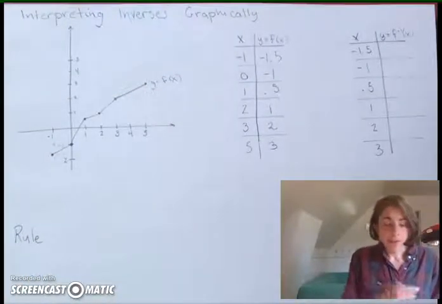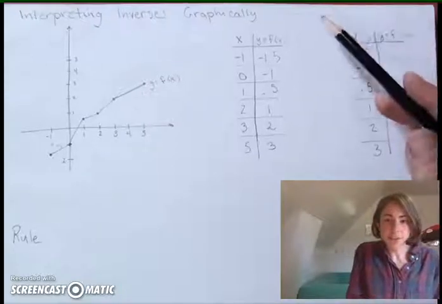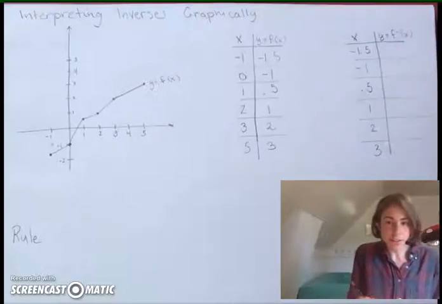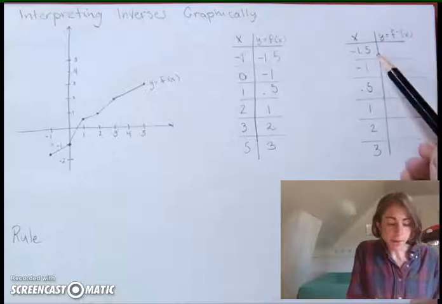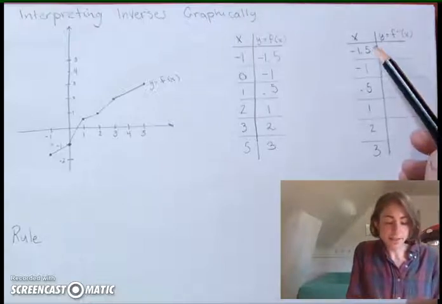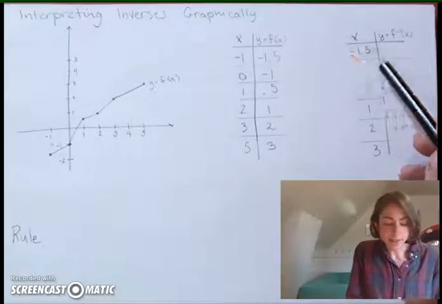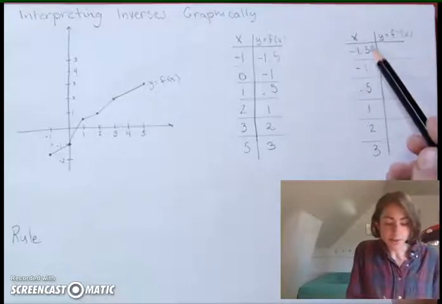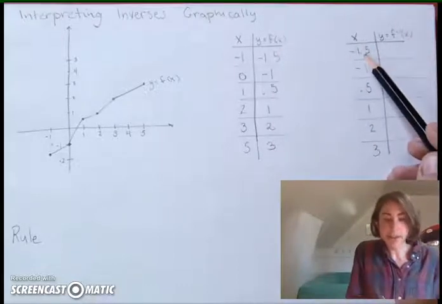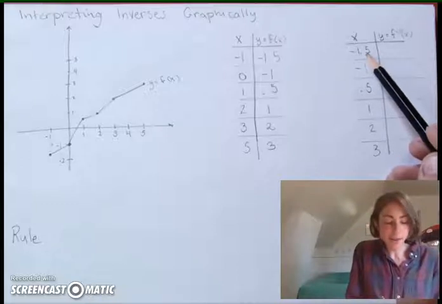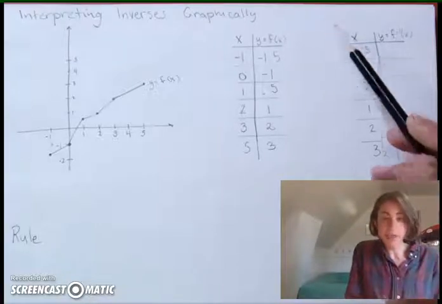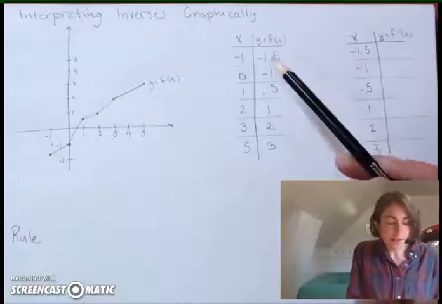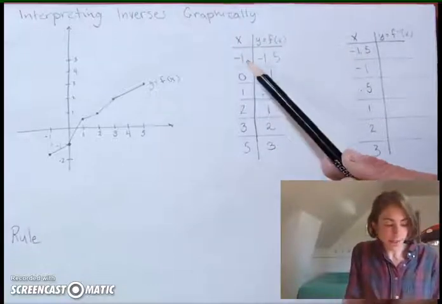So now if we want to come up with the function table for the inverse function, what we're asking for is, my input is going to be the output of the previous function. So if I'm inputting -1.5, what I'm asking is, what x value gave me -1.5 as an output for the f function? And that was -1.